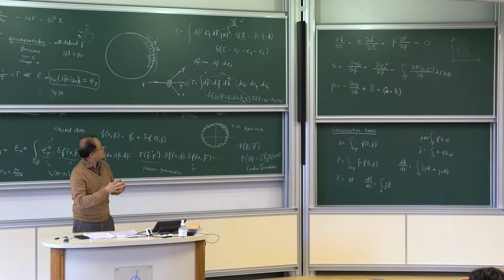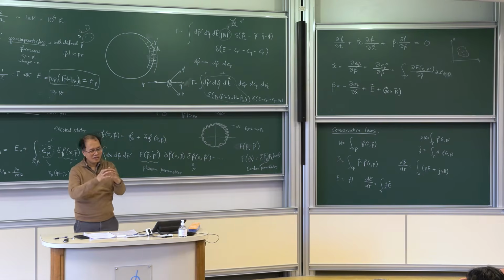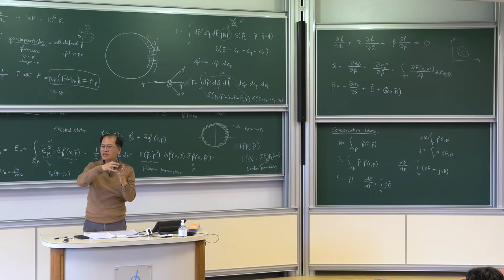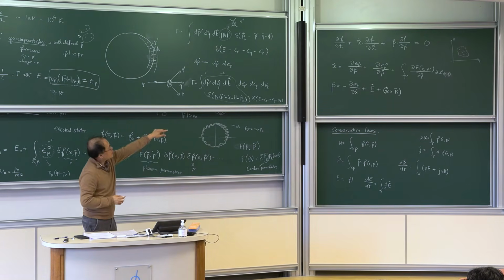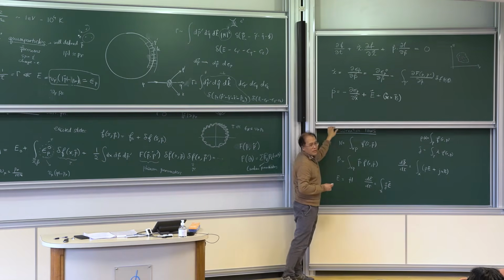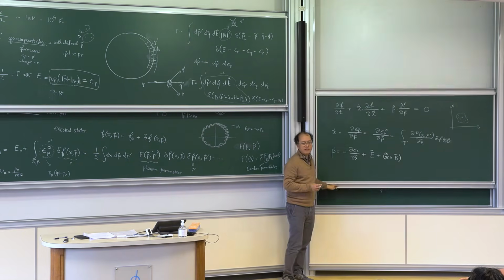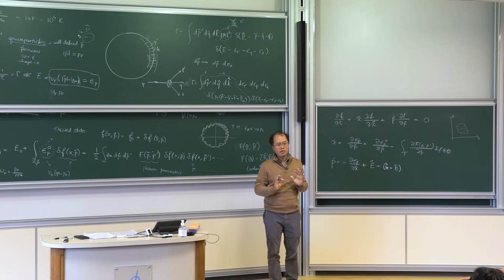What is the feature of Landau's description that knows that the state that remains is a pure state? The answer is the following. The equation that Landau wrote down here is a Liouville equation. The Liouville equation conserves phase space volume.